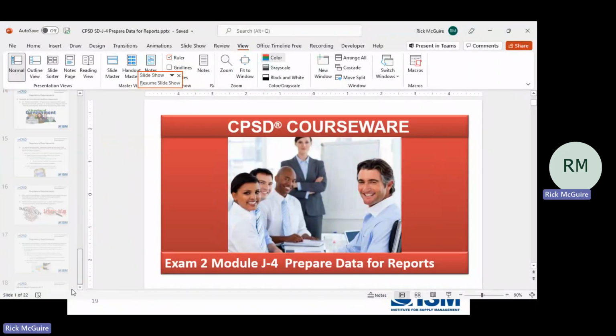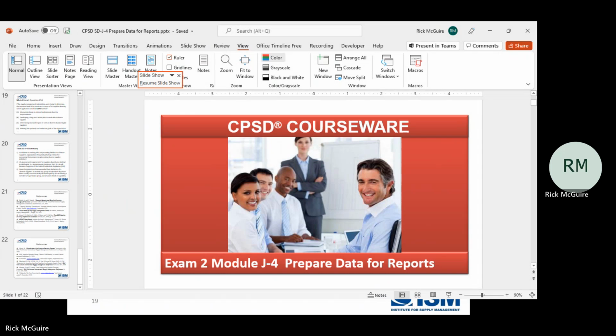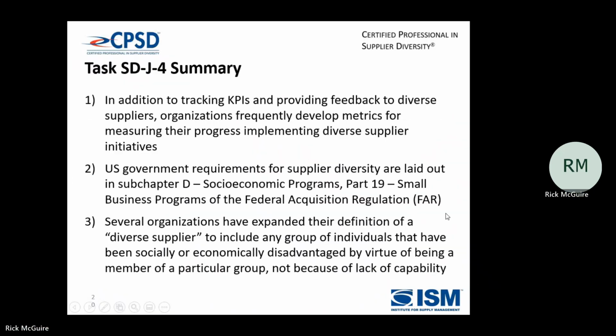All right. Let's go back and pick up the summary. In addition to tracking KPIs and providing feedback to diverse suppliers, organizations frequently develop metrics for measuring their progress implementing diverse supplier initiatives. The U.S. government requirements for supplier diversity are laid out in Subchapter D, Part 19 of the Federal Acquisition Regulation, also known as the FAR.